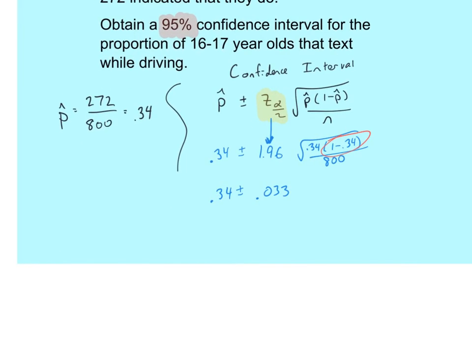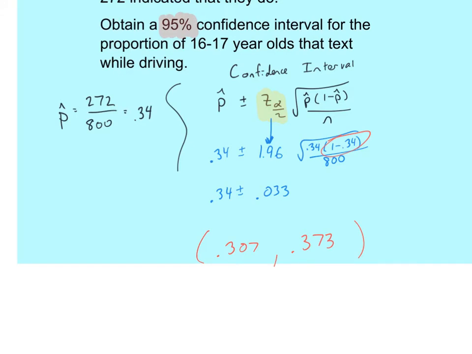All right, so then we add and we subtract to create the interval of numbers. 0.34 minus 0.033 is 0.307. And when you add 0.033, you get 0.373.